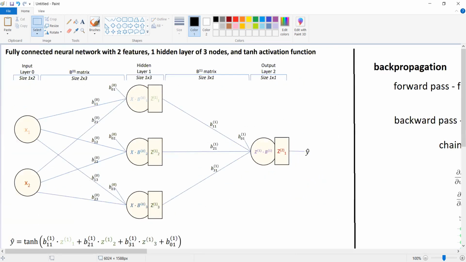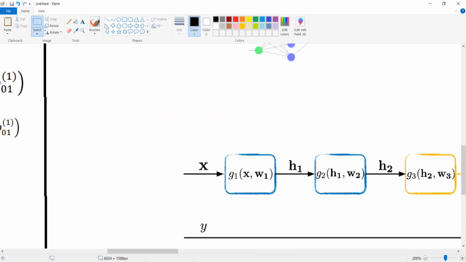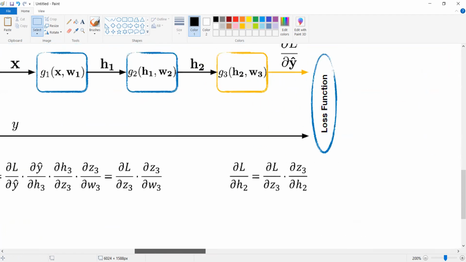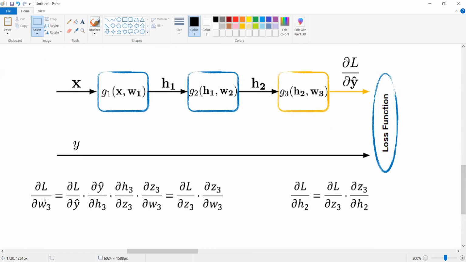But what I want you to see, not from our course, is that the chain rule for a weight that's 3 layers back with regard to the loss function is equal to the derivative.